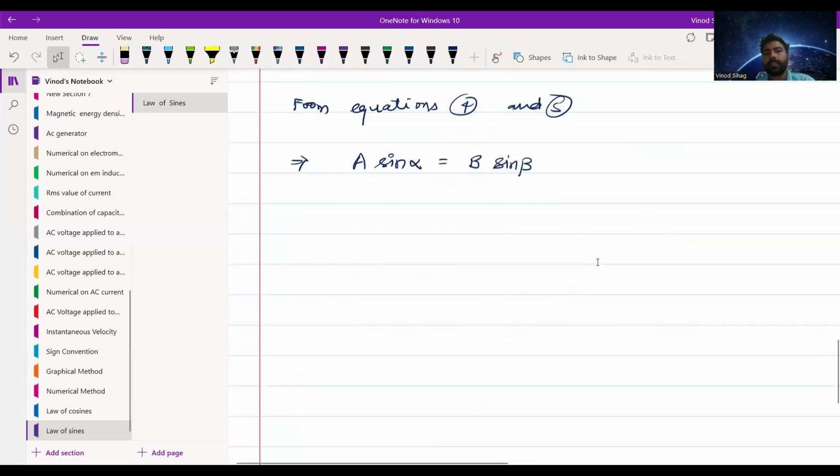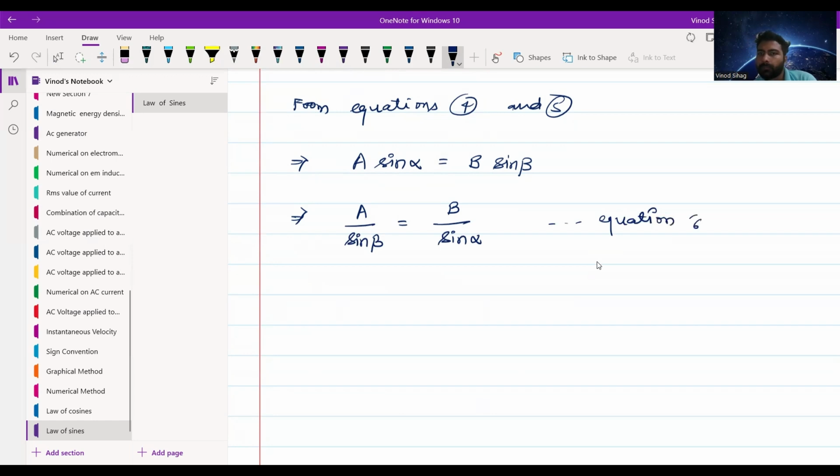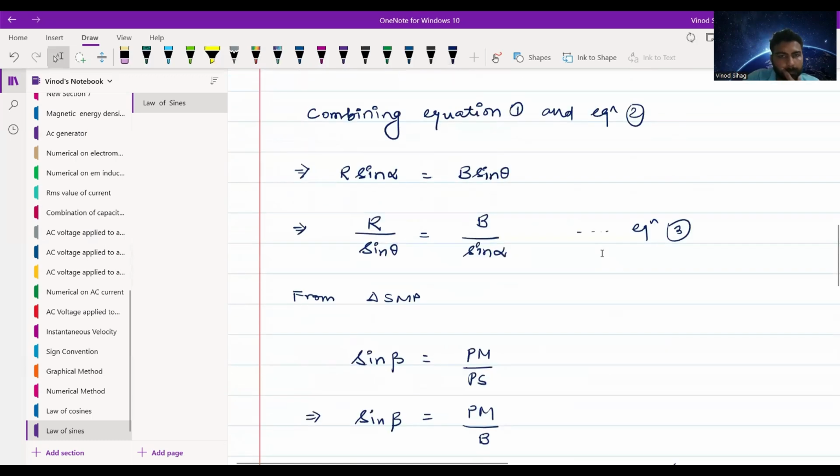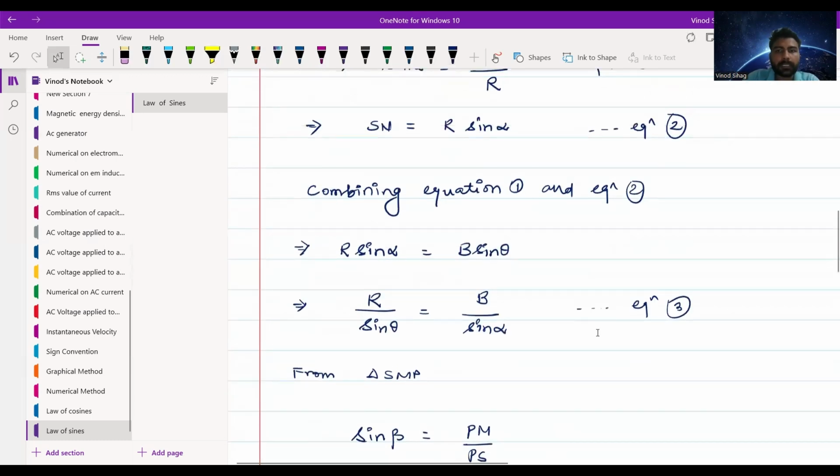Now again rearranging the equation, we will get A upon sine beta equals B upon sine alpha, and name this equation number 6.